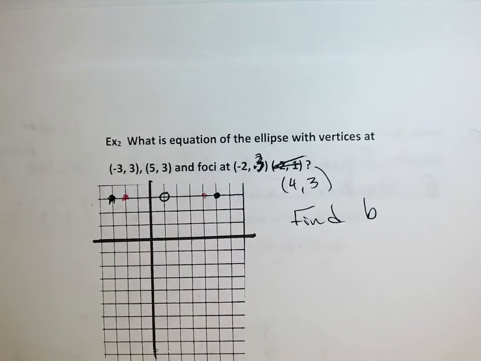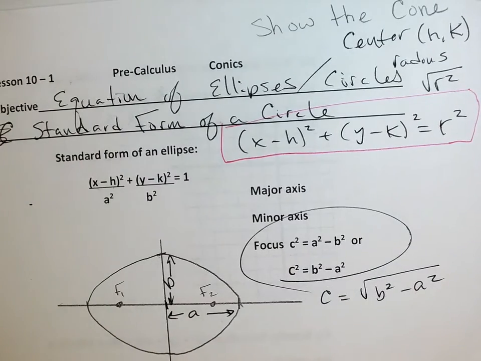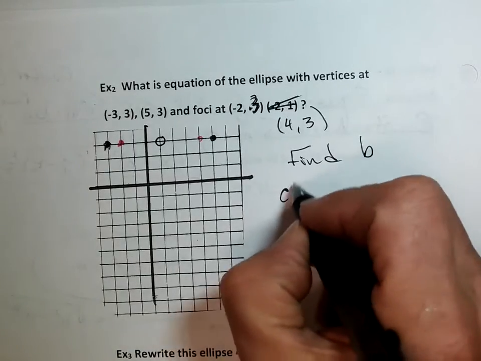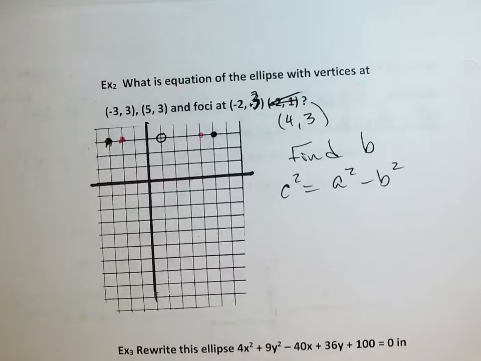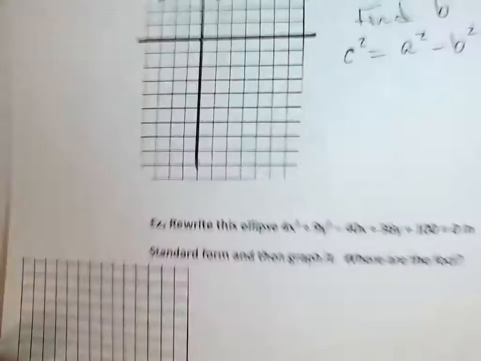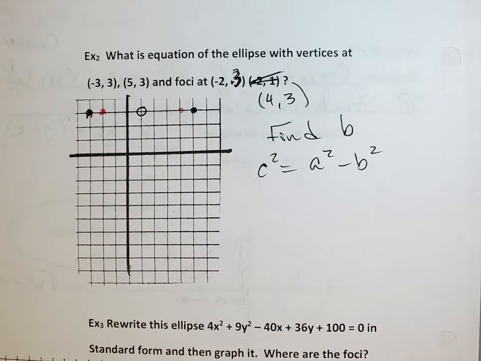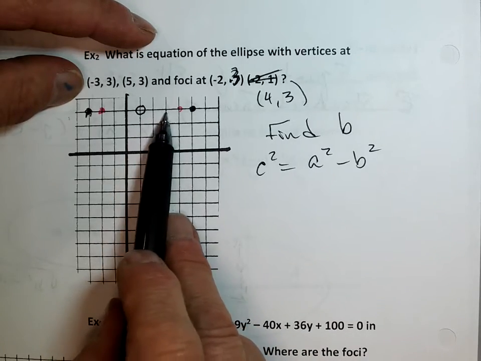Okay, well, I've got a formula for finding b. Flip the page. c squared is equal to a squared minus b squared, right? And I got that formula from right over here. What I want to find is b so I know how far up to go and how far down to go. c is the focus distance, 1, 2, 3.